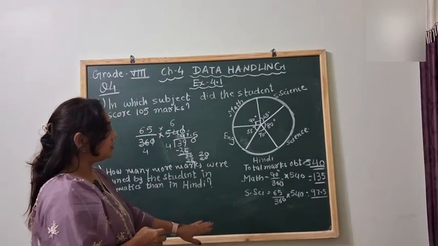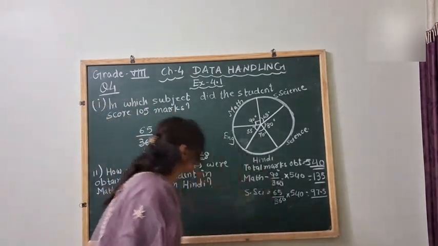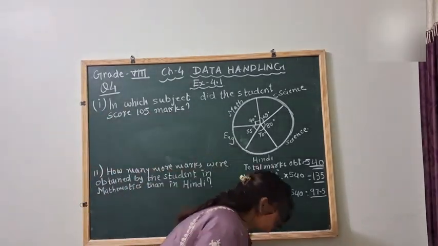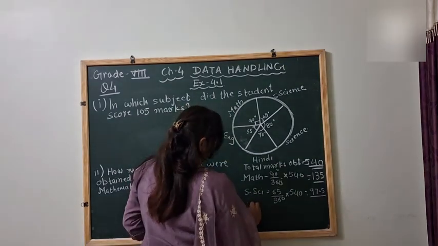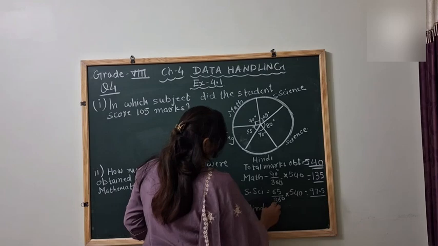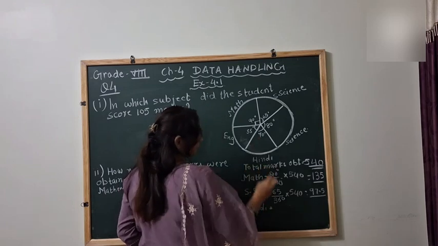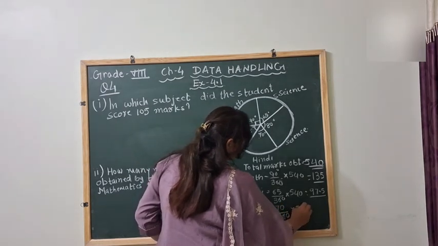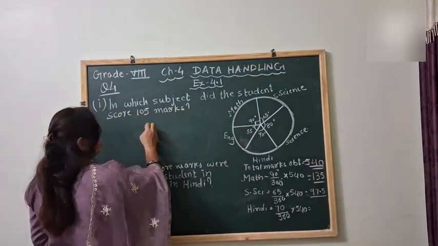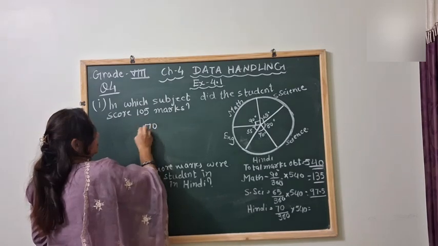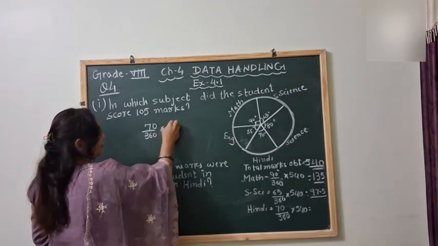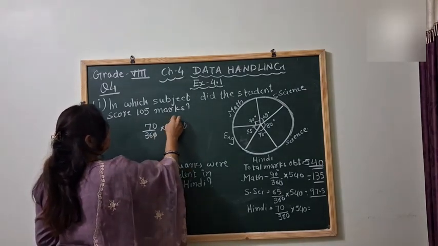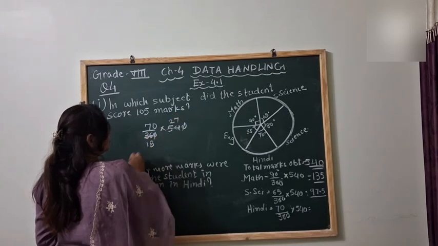Okay, let us now check Hindi. If you check Hindi, he has scored 70 degrees. So 70 out of 360 into 540 will give you how much? 70 upon 360 into 540, if you do, 0 0 gone. 2 2s are 4, 2 7s are 14, 2 1s are 2, 2 8s are 16.